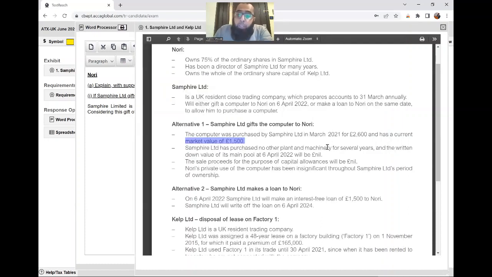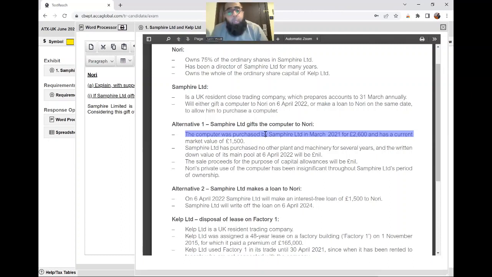Now, if you look at the question, here it is written that the private use earlier was insignificant. So there would be no usage benefit working. Since earlier there was no private use, so there will be no usage benefit working. Only we'll look at the market value to calculate the gift benefit. Okay. How do we calculate the gift benefit?